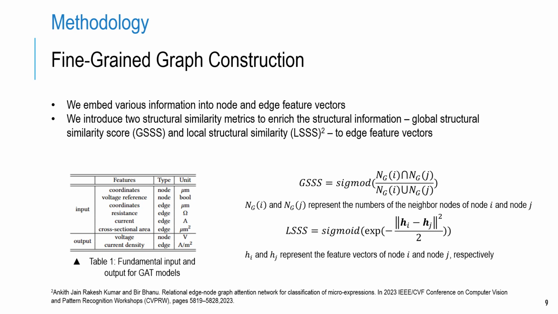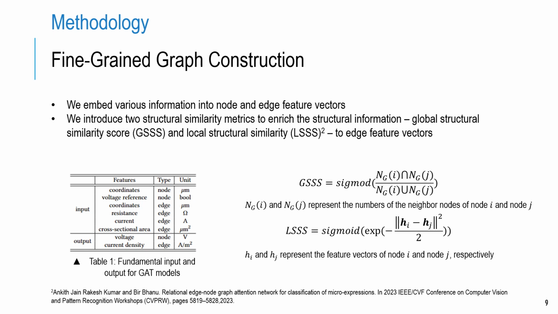The fundamental features of nodes and edges are summarized in Table 1. To enhance feature representation, we introduce two structural similarity matrices into the edge feature vectors. Global structural similarity score evaluates the similarity of neighboring nodes shared by two nodes. Local structural similarity score evaluates the similarity of two neighboring nodes.